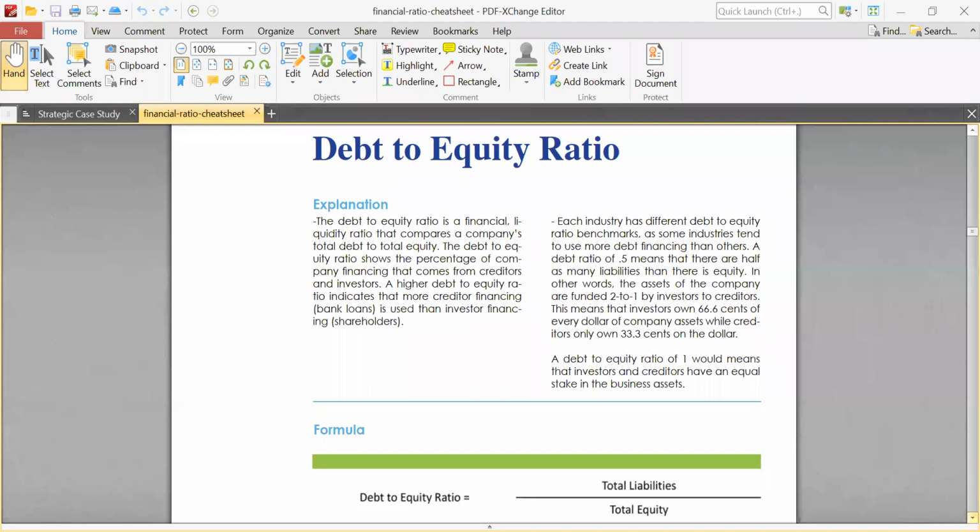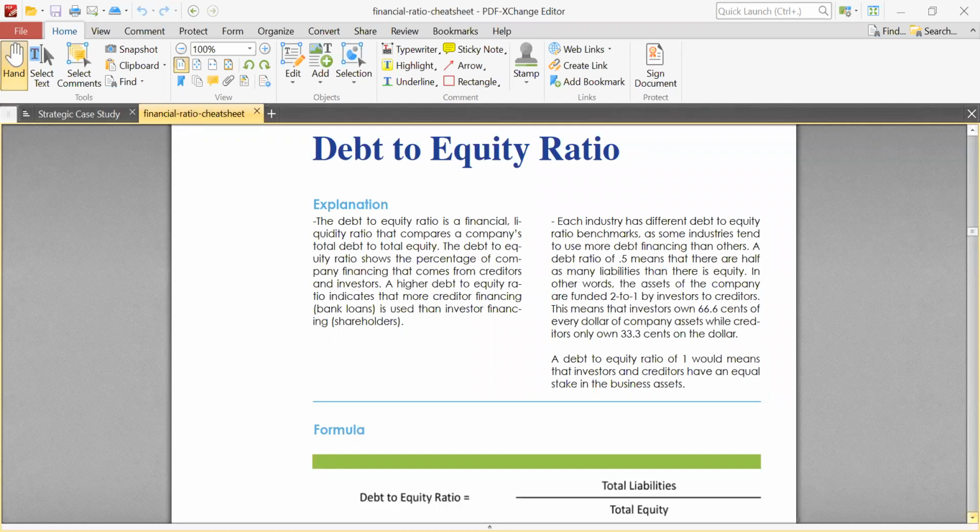When we say highly leveraged, it means that there is more debt. The company relies more on bank loans rather than their own money, their own equity, money from their own shareholders. They are more focused on getting money from outside than from within.